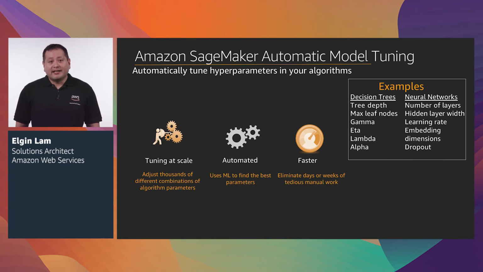Amazon SageMaker can automatically tune your model by adjusting thousands of different combinations of algorithm parameters to arrive at the most accurate predictions the model is capable of producing. When you're tuning your model to be more accurate, you have two big levers to pull. Modifying the data inputs you provide the model, for example, taking the log of a number, and adjusting the parameters that define model behavior.